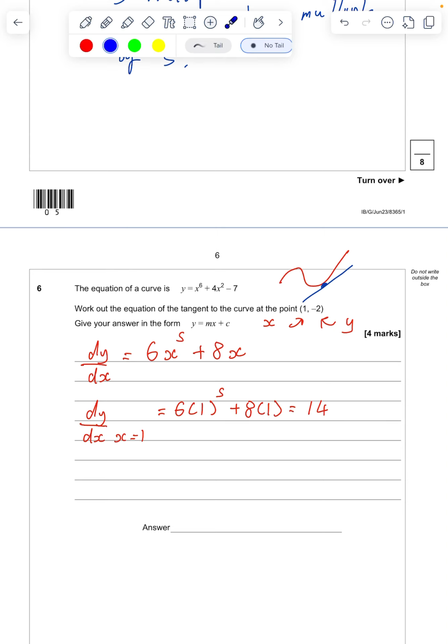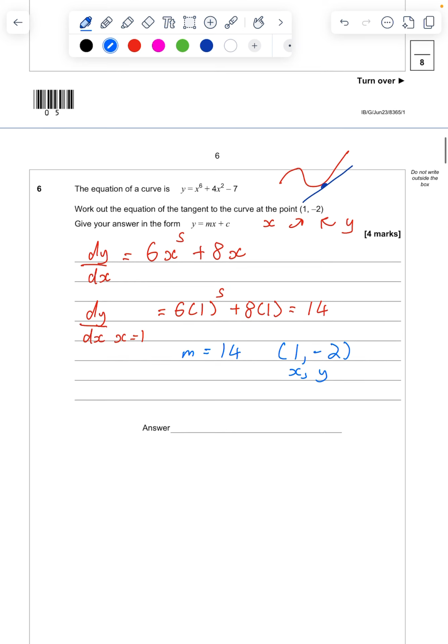So the derivative at the point x is 1, which gives you the gradient, is 14. So now you can say that the gradient m equals 14, and you've got the coordinate 1, minus 2, which has an x coordinate and a y coordinate.